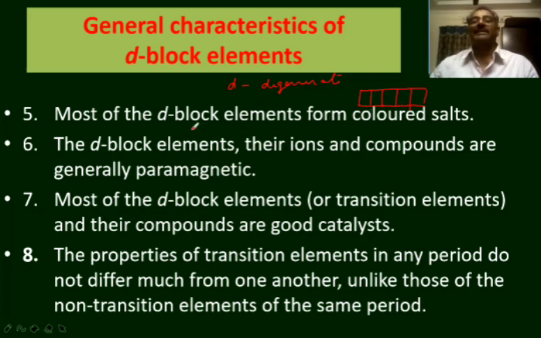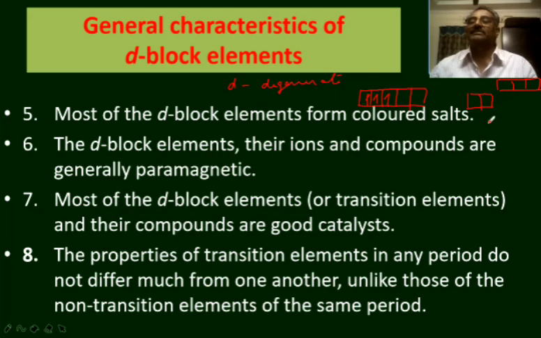But when the transition elements form a coordination complex, the electrons present in the d orbitals may interact with the electron cloud of the ligand, which formed the coordination complex with the transition element. Because of that, the d orbitals split into 2 or 3 parts depending on the geometry of the compound.